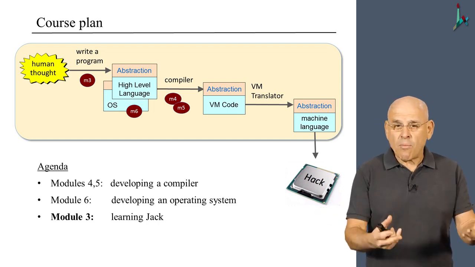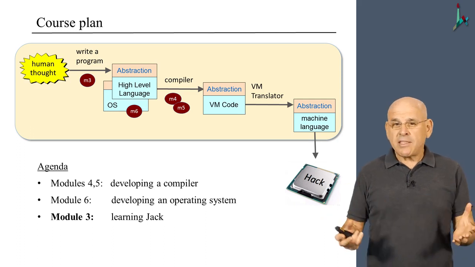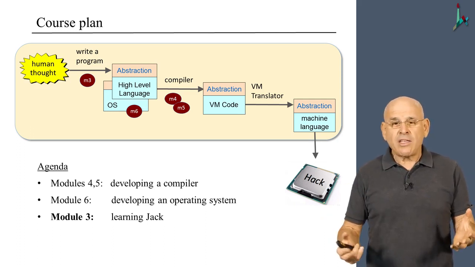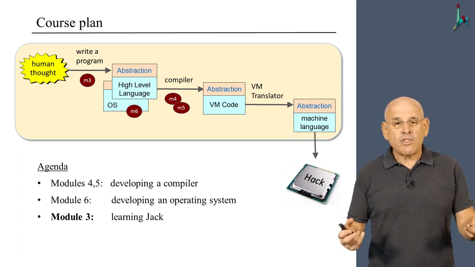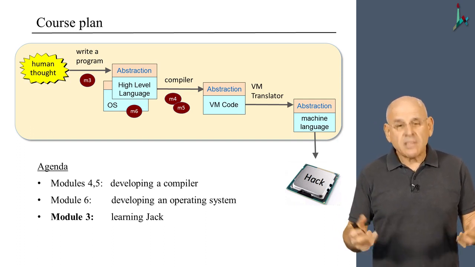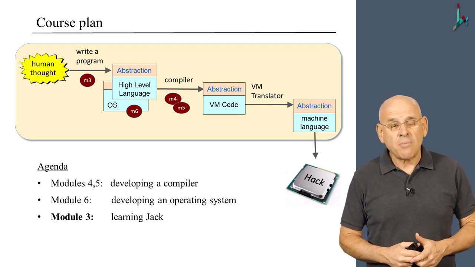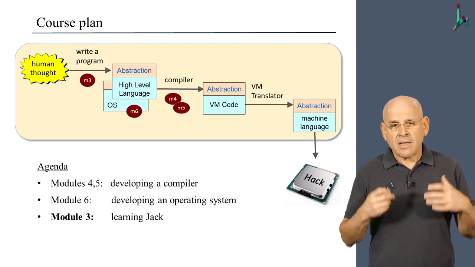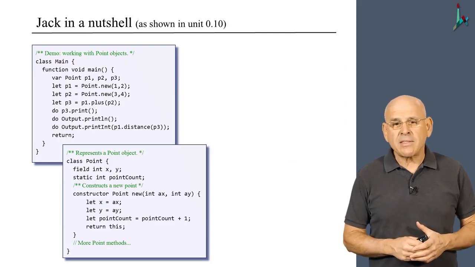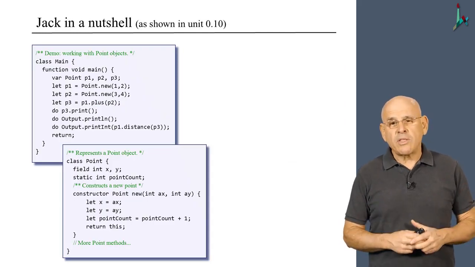We're going to write a Jack compiler, and also the operating system that accompanies Jack is going to be written in Jack itself. You know, just like the operating system which accompanies C, Unix, is written in the C programming language.